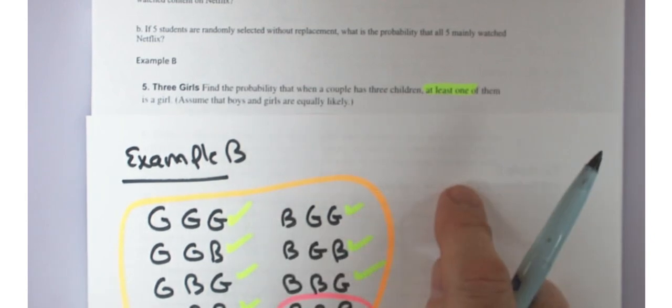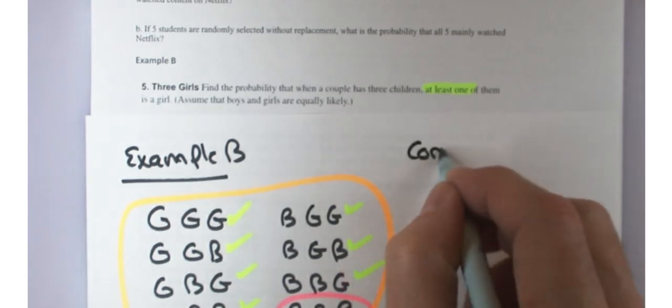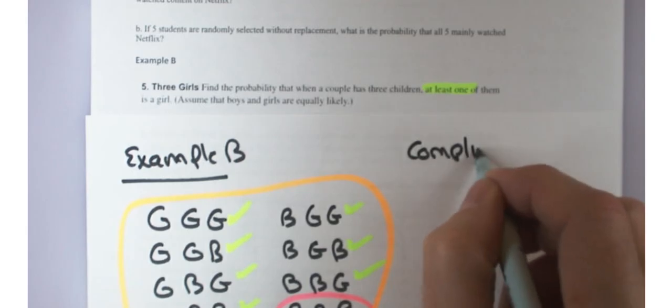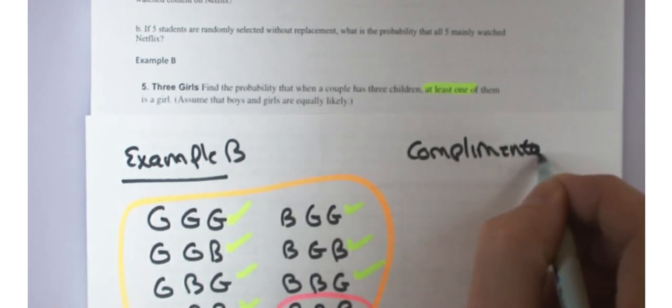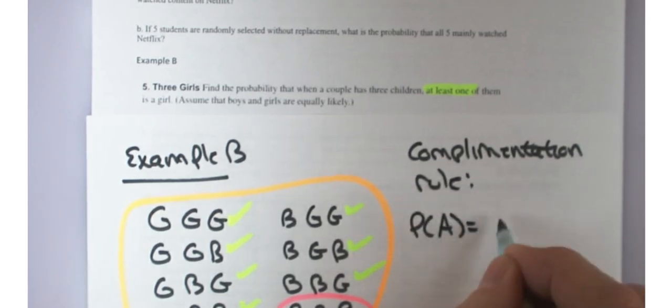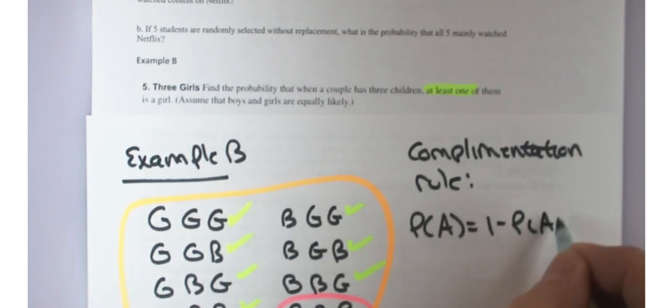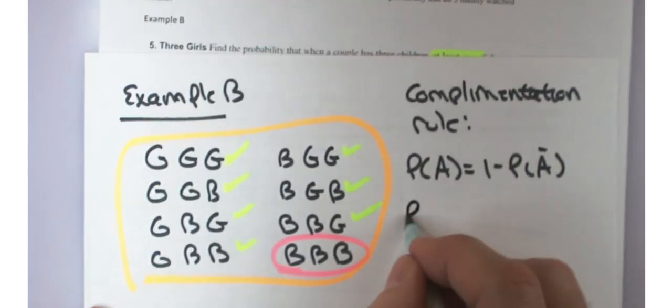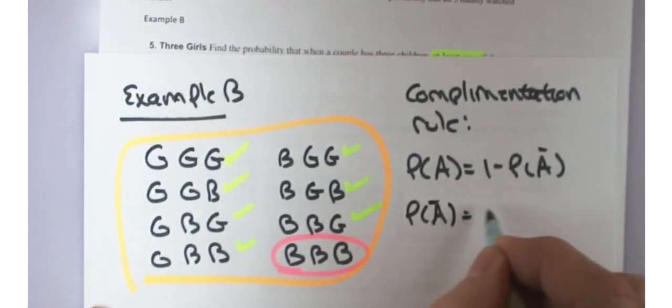So let me remind you of the complementation rule. Probability of A is 1 minus the probability of A bar. Or the other way around, probability of A bar is 1 minus the probability of A.